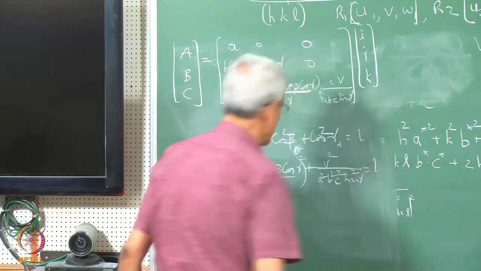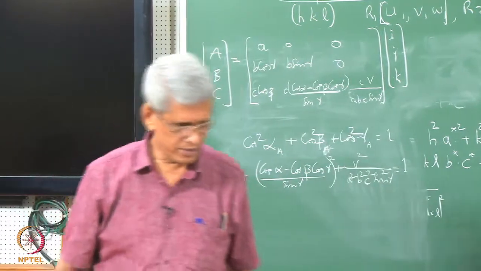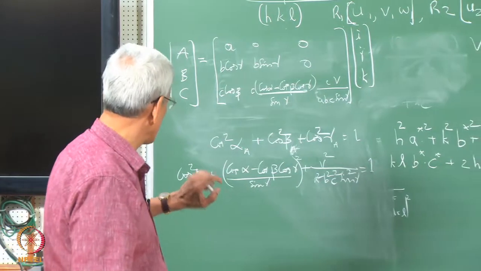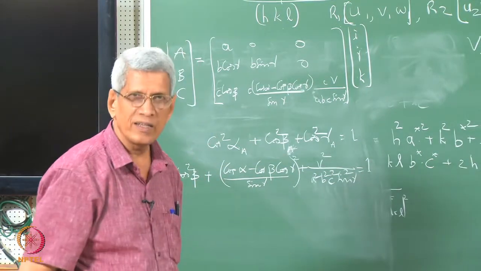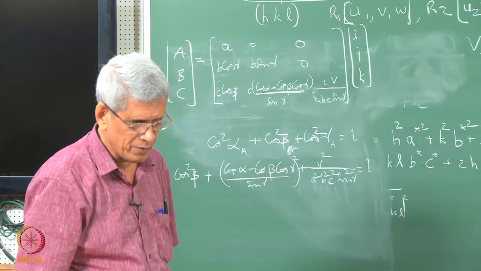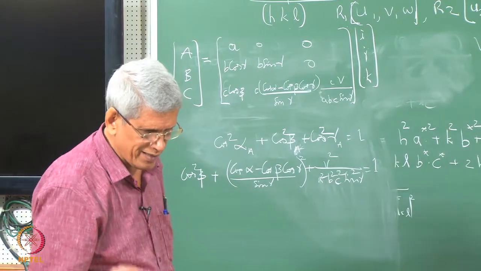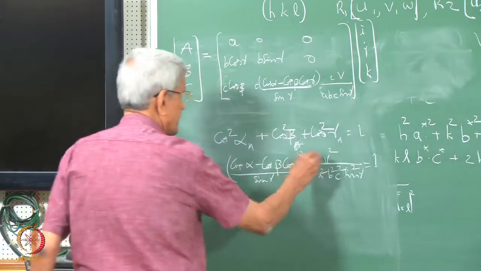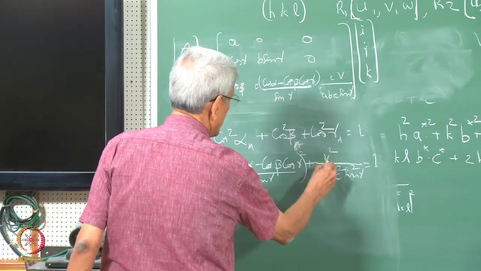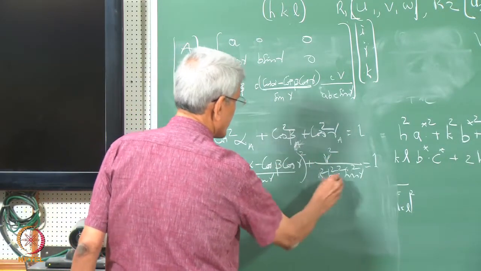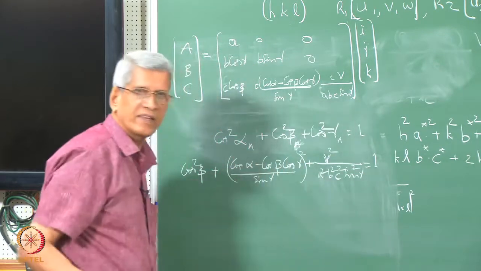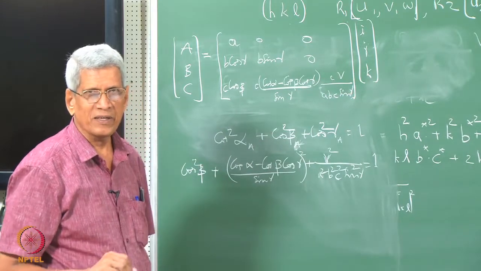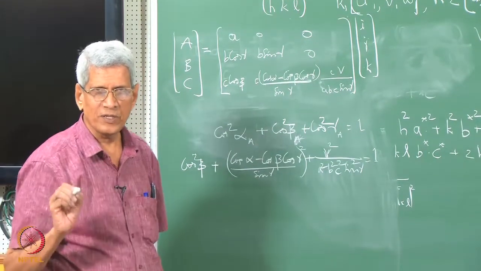This will turn out to be 1. If we try to solve this equation, V is one term, a squared b squared is there, and all others are angles between the different vectors of the unit cell.